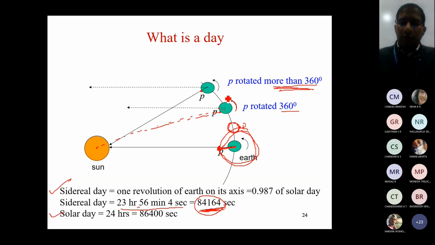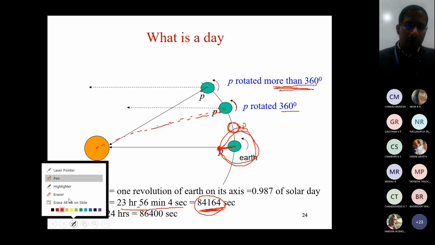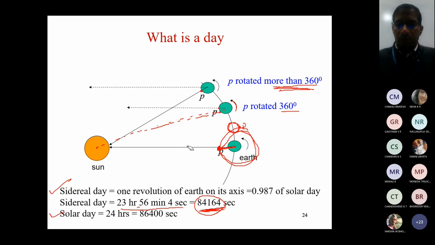When the Earth completes a 360-degree rotation, starting from this particular point, suppose this is not a point, assume that some person is here.